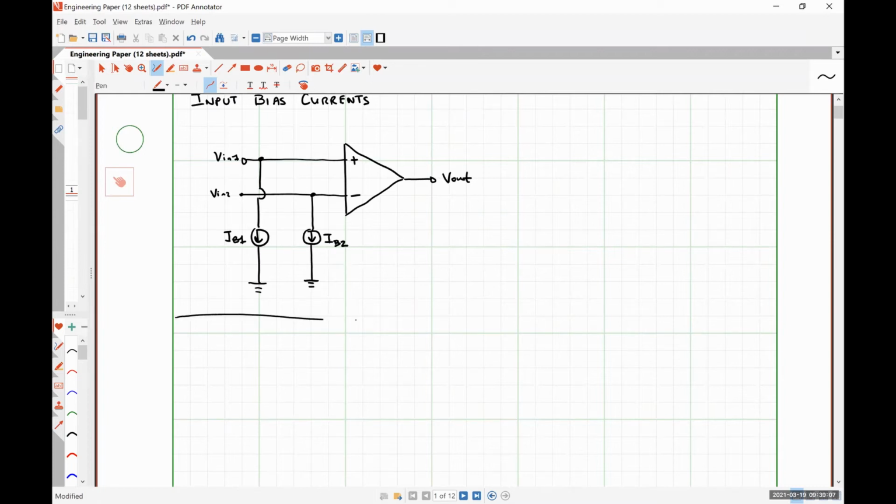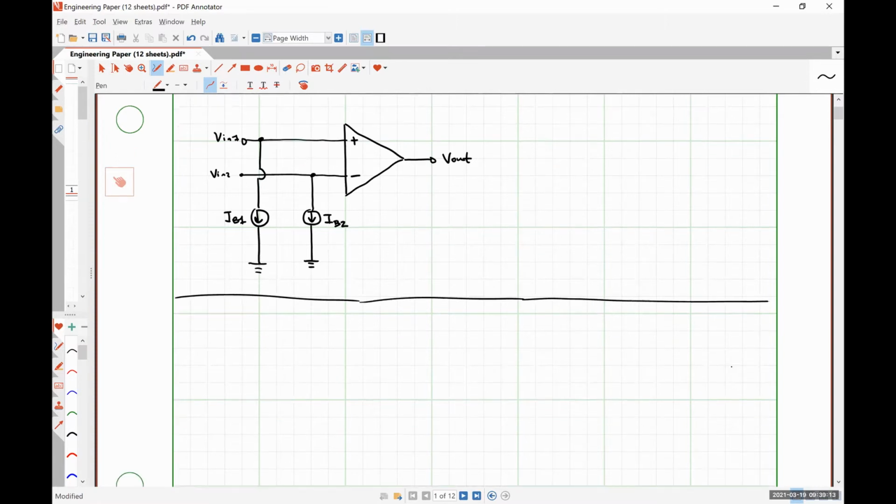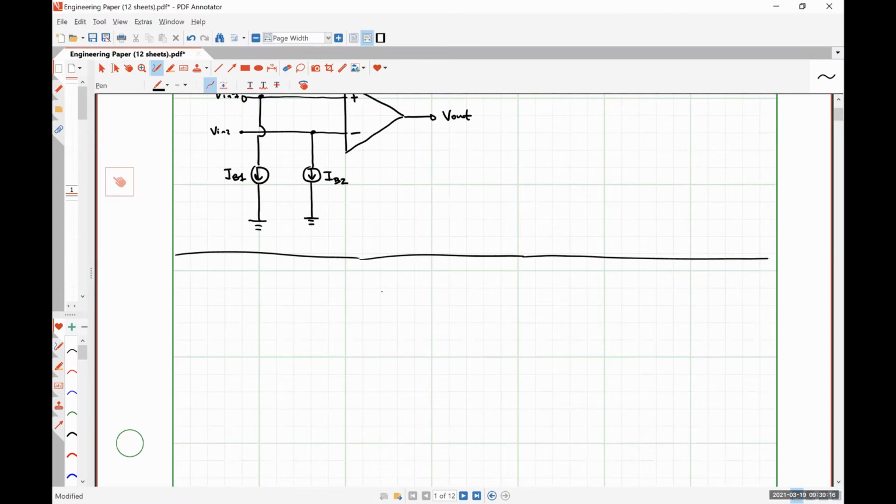So let's consider that we have a non-inverting amplifier. This is our feedback resistor R2. This is our other resistor R1. Over here, we're going to apply our input. Here is where we take our output.